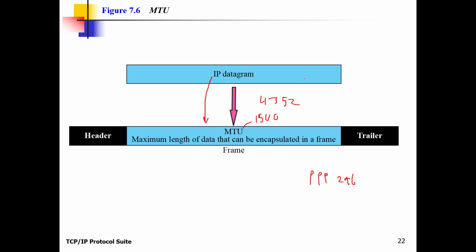If we need to make it independent of the physical network, we make the maximum length of the IP datagram 65 thousand, or 64K. So what we need to do is fragmentation. The source usually does not fragment the IP packet. The transport layer will instead segment the data into a size that can accommodate the IP and the data link layer.